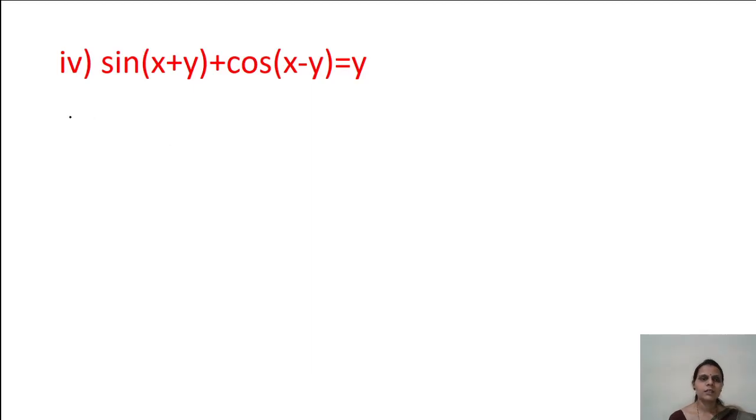So now let us solve this one. Solution. Let us take f = sin(x+y) + cos(x−y) − y.